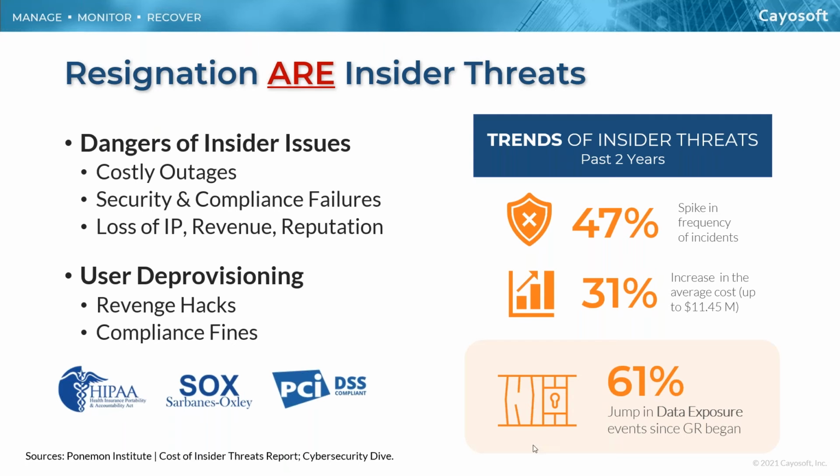Now, this one at the bottom right-hand corner is from a report from a group called Cybersecurity Drive, and it's fascinating to me. So they started tracking data exposure events since the beginning, or the predicted beginning, of the Great Resignation. So this has only been 5 or 6 months, and they've already seen during this time frame a 61% increase in data exposure incidents.